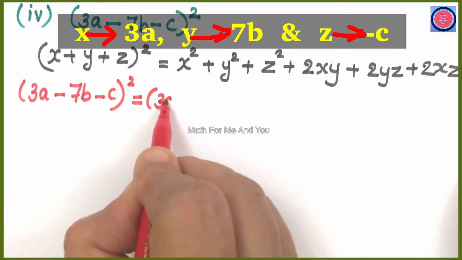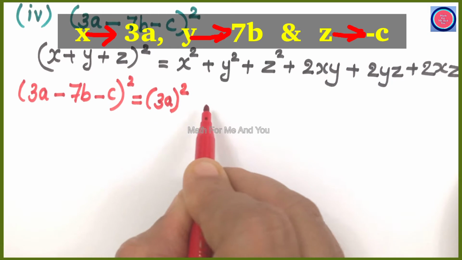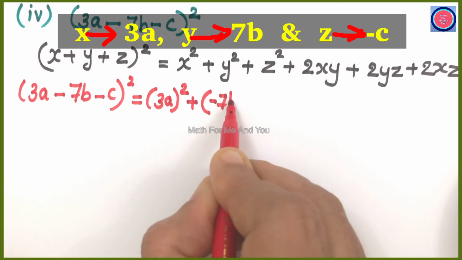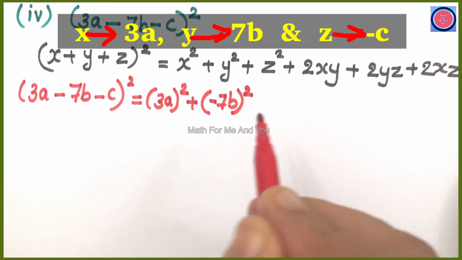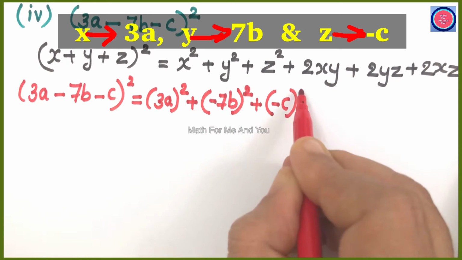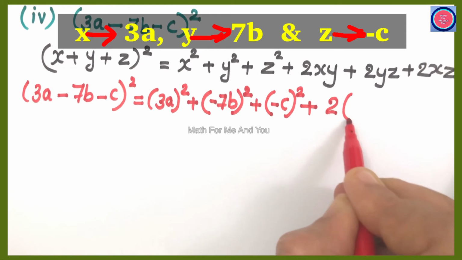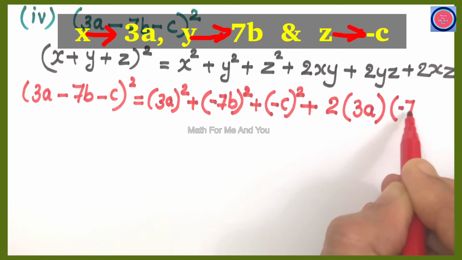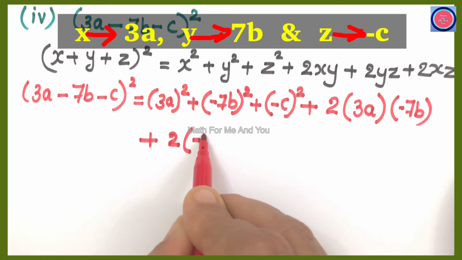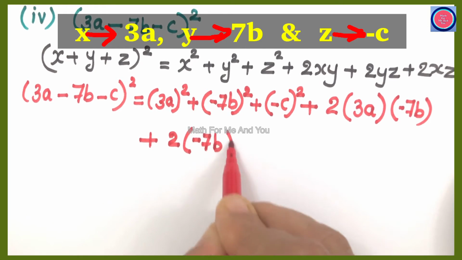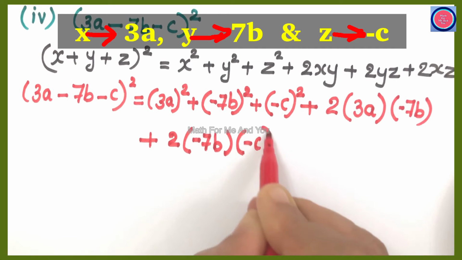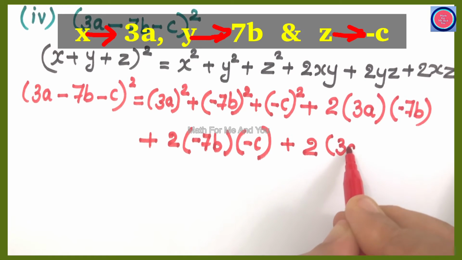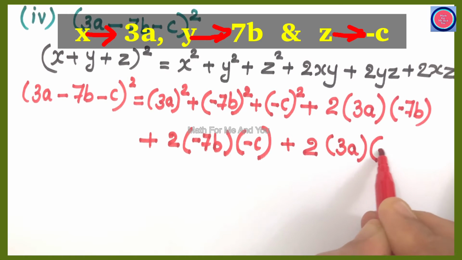Then we get the first term as (3a) the whole square plus the second term in bracket (-7b) the whole square plus third term again in bracket (-c) the whole square plus 2 times 3a times -7b, plus 2yz becomes 2 times -7b times -c, plus the last term 2 times 3a times -c.